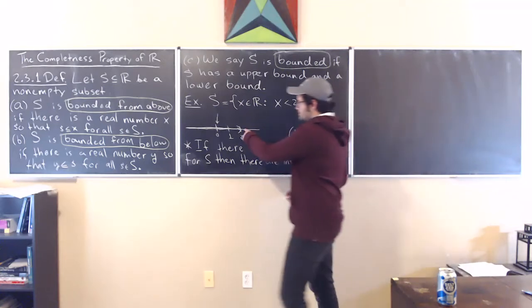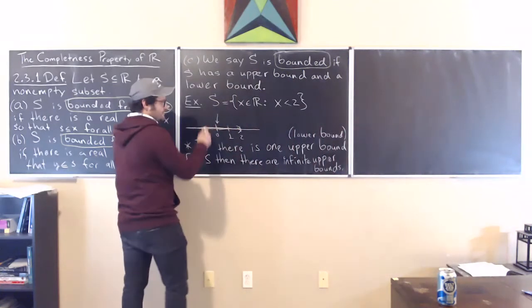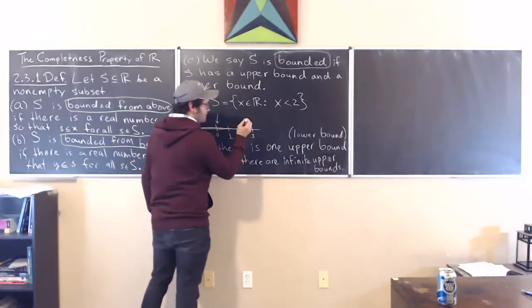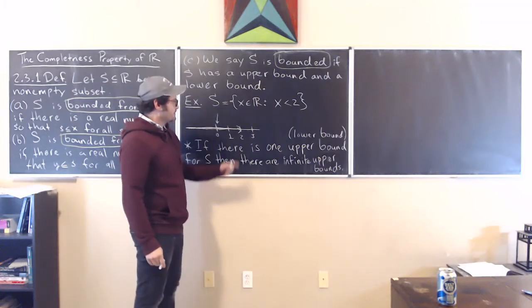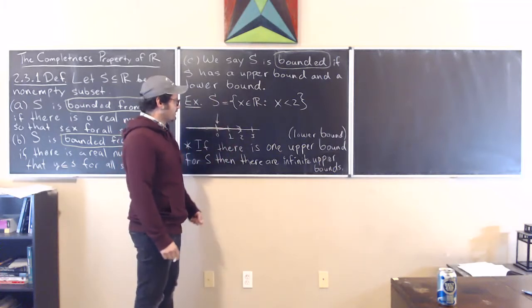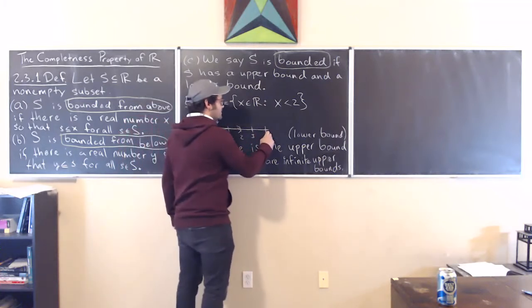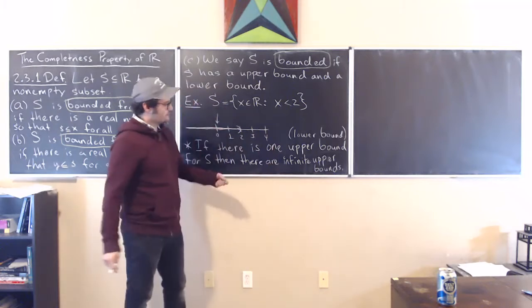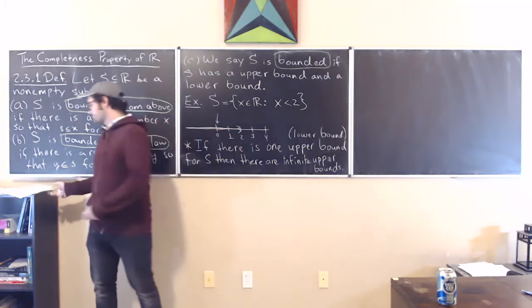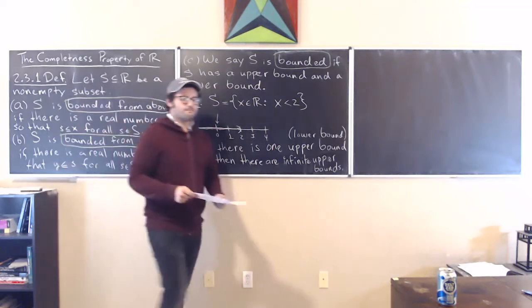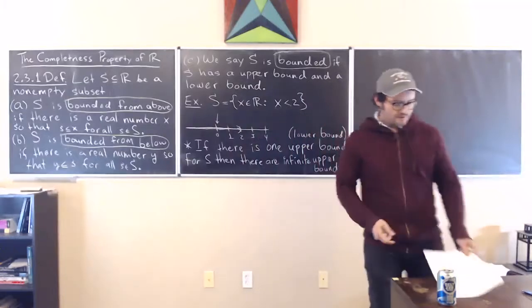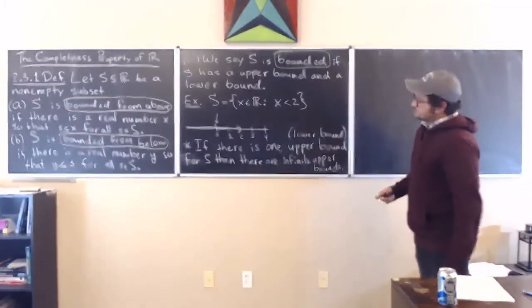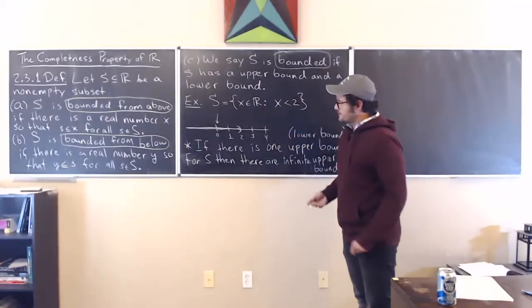Right, so for example, 2 is the upper bound on this set S, but also 3 is an upper bound for this set S, 2.5 is an upper bound, 4 is an upper bound, and so forth and so on. Okay. So this is an example of an unbounded set.